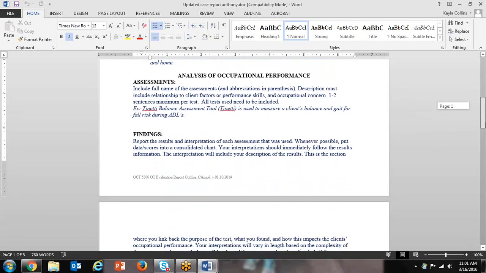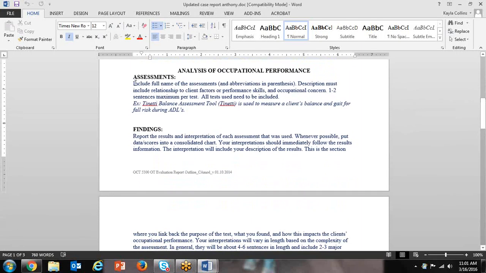In the analysis of occupational performance, you're going to have first the assessments. You want to include the full name of the assessment. So for Anthony, we have the School Function Assessment. You need to write School Function Assessment and then in parentheses the abbreviation SFA. From then on, you should just refer to it as the SFA. Don't keep repeating School Function Assessment. For something like the BOT, that's going to get really old to write out the entire name.